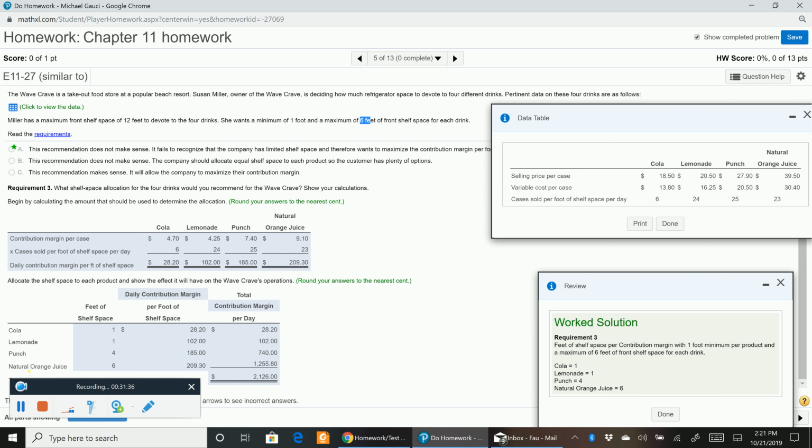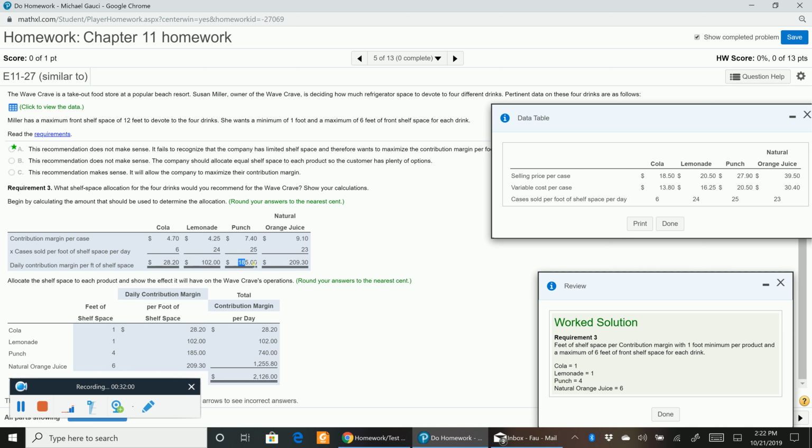So if we give 6 feet to orange juice, at $209.30 per foot of shelf space, the contribution margin per day from selling orange juice would be 6 times 209.30, or $1,255.80. Now what's next?